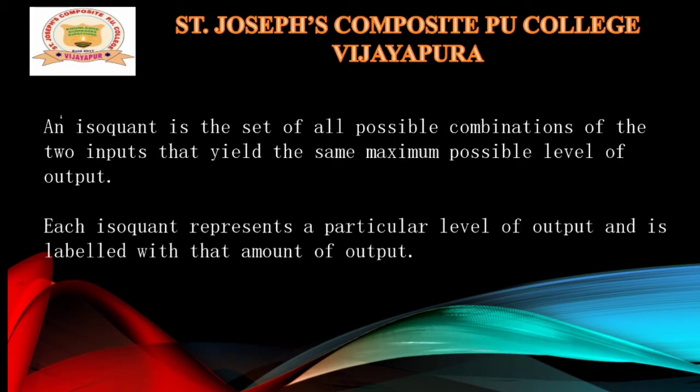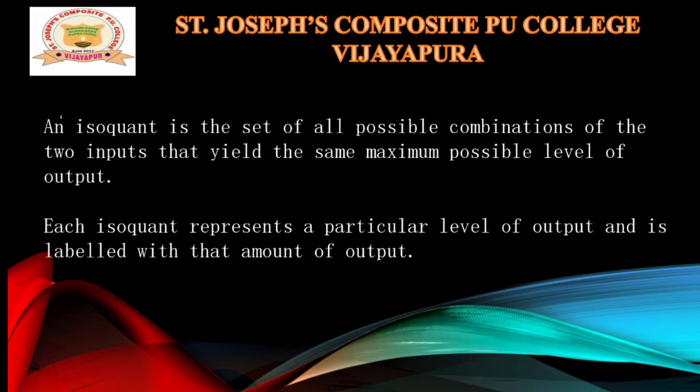Then how to define this isoquant? An isoquant is the set of all possible combinations of the two inputs that yield the same maximum possible level of output. Here iso means equal quantity.